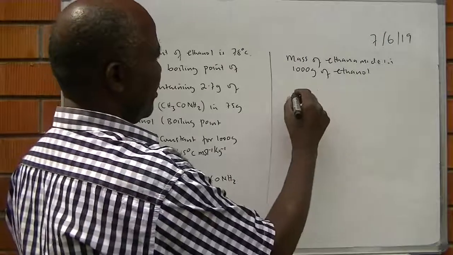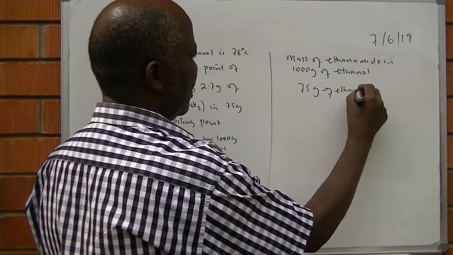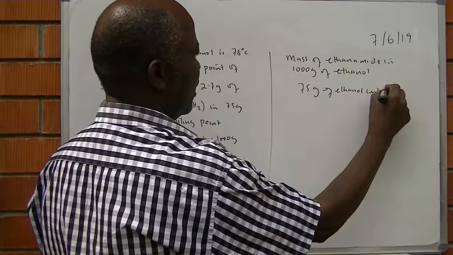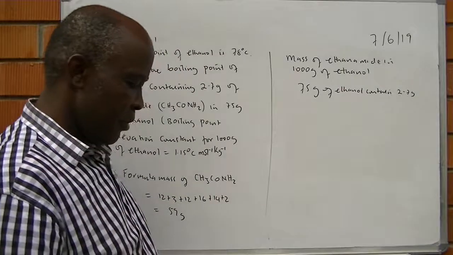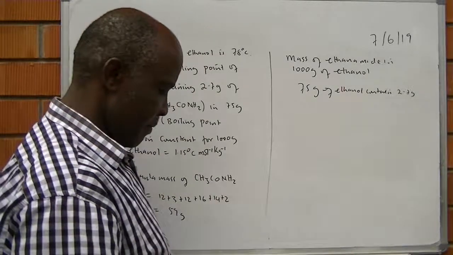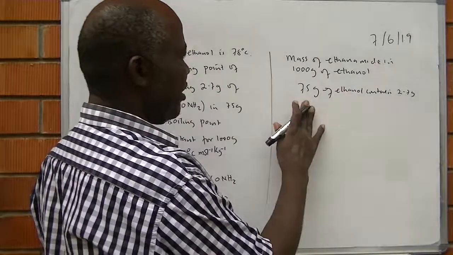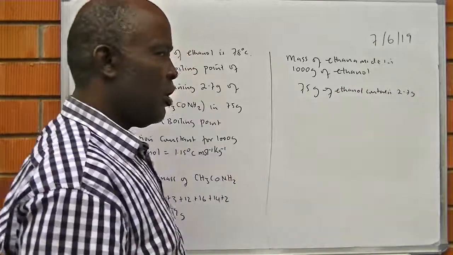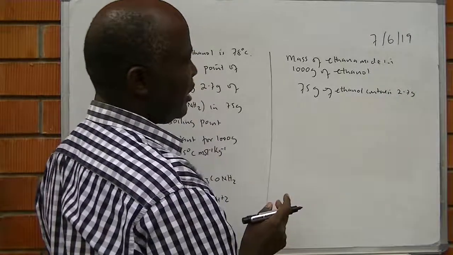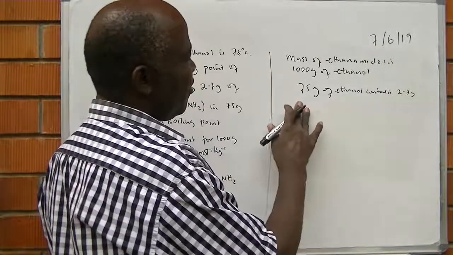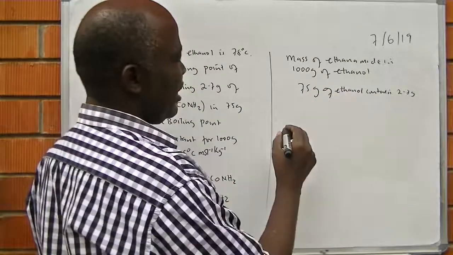We have seen that 75 grams of ethanol contain 2.7 grams of ethanamide.